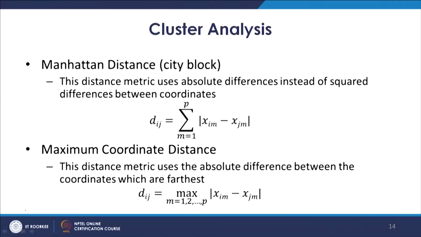Dij is defined as the summation over m equals 1 to p of the absolute difference between xim and xjm, that is, absolute of xim minus xjm. So, instead of the square differences used in the other formulas we have discussed so far, in this case the Manhattan distance uses the absolute differences between coordinates.